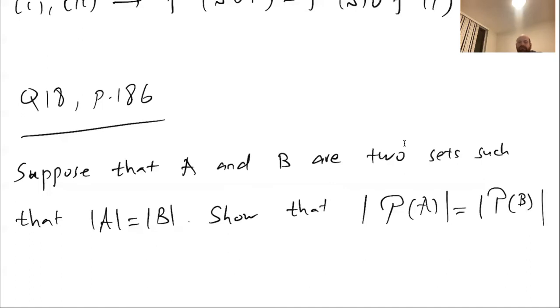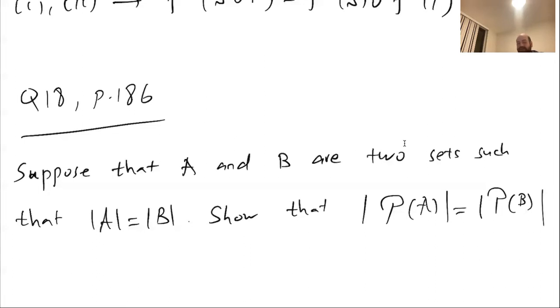There is a common mistake here. Some people say that, well, if A and B have the same cardinality, let's say both of them have cardinality equals n, then cardinality of P of A, the set of all subsets, will have 2 to the power n elements, and P of B also has 2 to the power n elements, and therefore the cardinalities are equal. But that's a correct argument only as long as A and B are both finite sets.